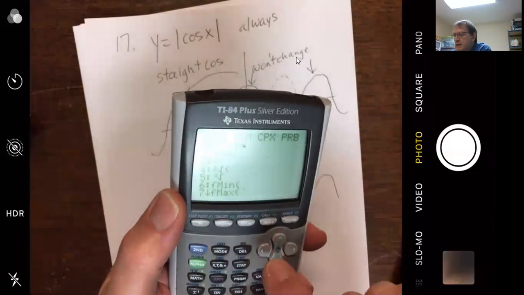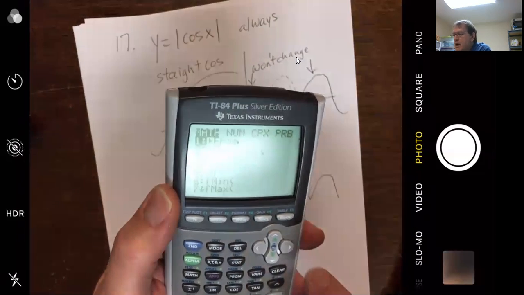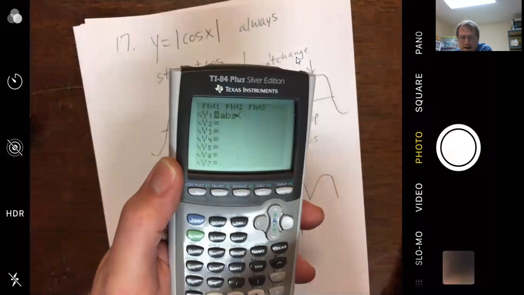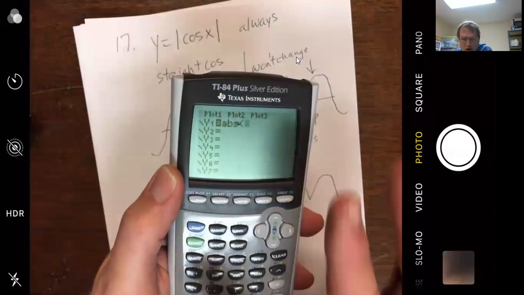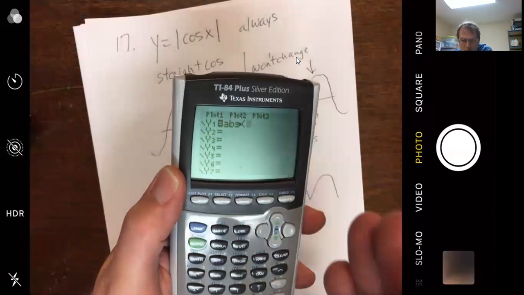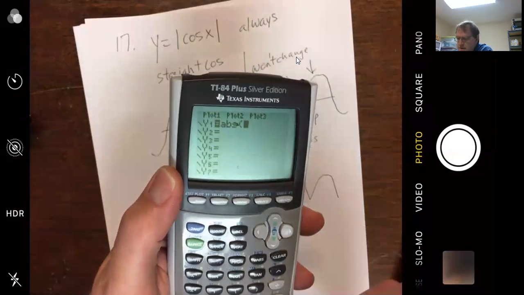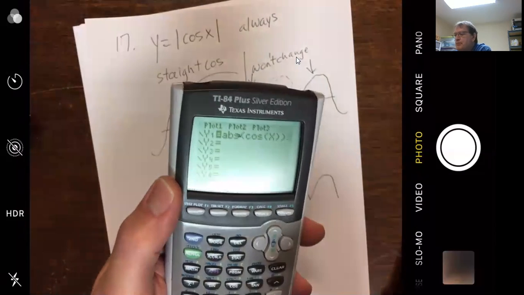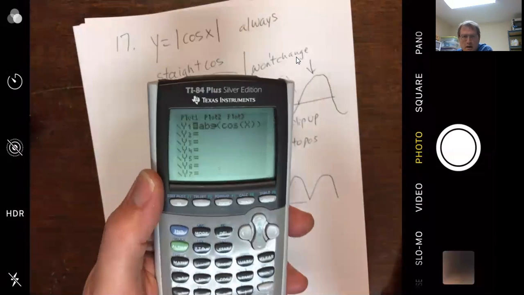Math, num. Num is across the top, and then number 1. My calculator says ABS. You stick what's between the bars in the parentheses. The modern ones have literally straight bars. So cosine x.